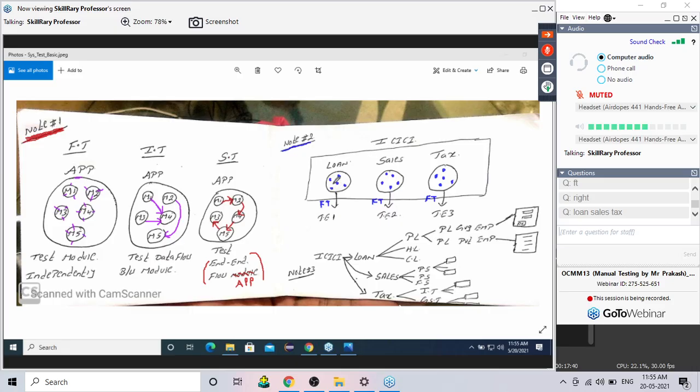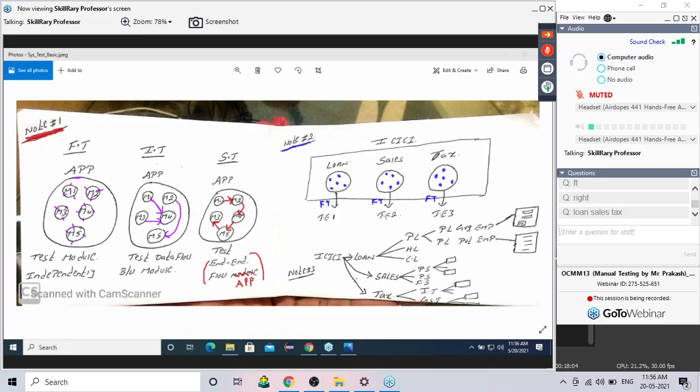Test engineer 1, can he test the sales and tax? If no, why? Module is not assigned to him.